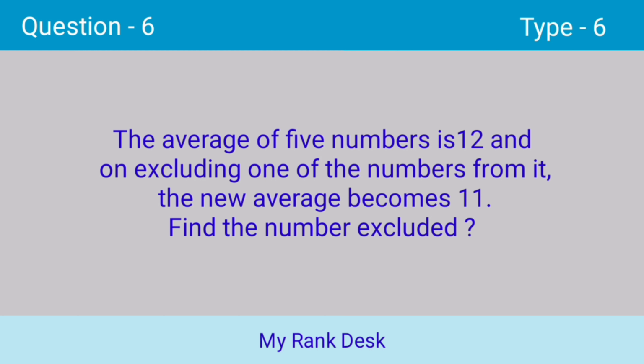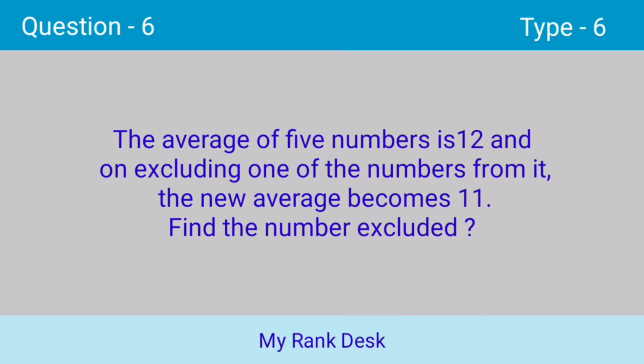The average of 5 numbers is 12, and on excluding one of the numbers from it, the new average becomes 11. Find the number excluded. Let's see how we can find the answer. Find the two sums by using the formula S equal to AN.